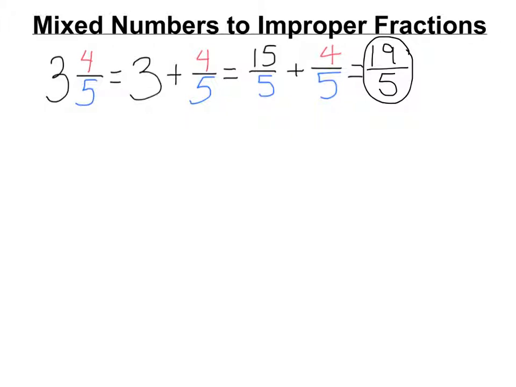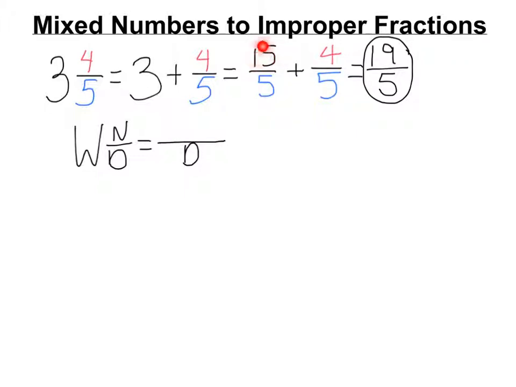So in general, it follows this formula. We have a whole number, a numerator, and a denominator in my mixed number. The denominator is still going to be the denominator, but the numerator of my improper fraction is going to come from these things.